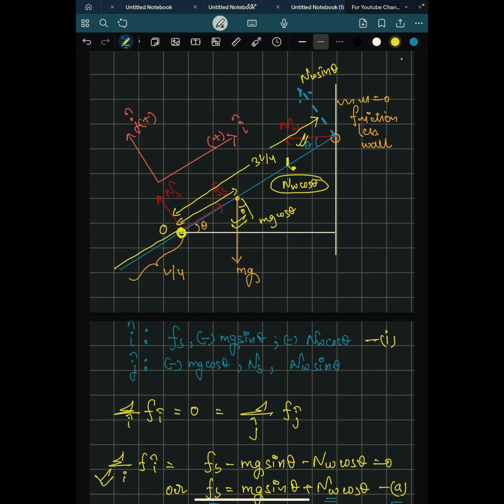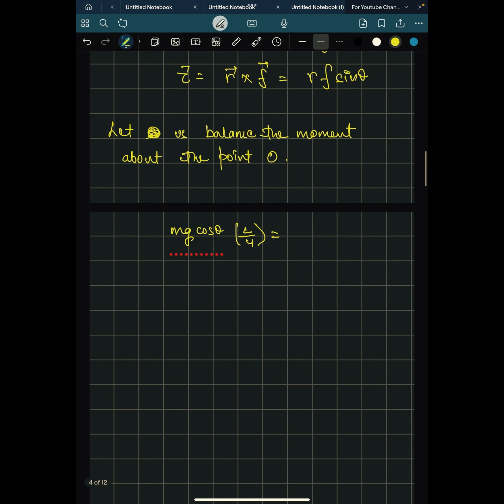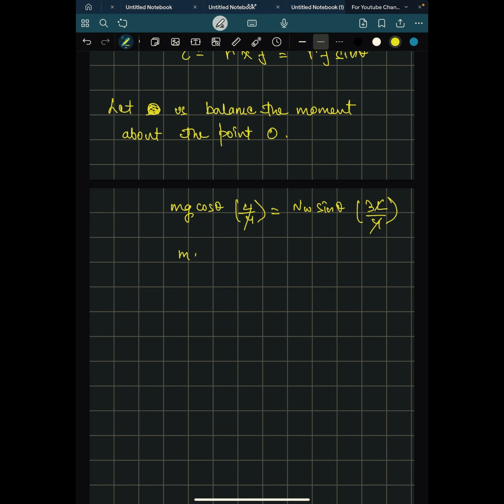And the perpendicular component is Nw sin theta, so Nw sin theta times 3L by 4. So L by 4 goes out, L by 4 goes out. So we got mg by 3 cos theta is equal to Nw sin theta, right?